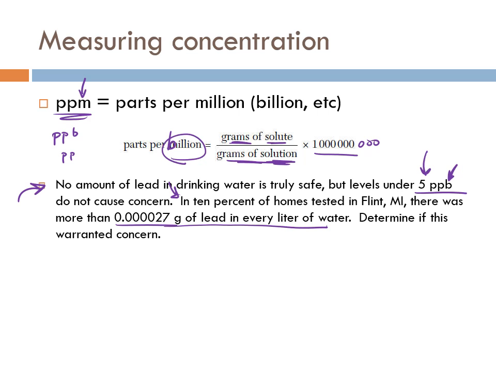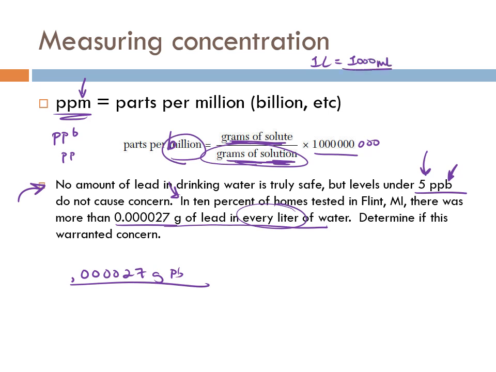So we're going to start with our grams of solute, 0.000027 grams of lead. I'm going to divide it by my grams of solution. So I have a liter of water. 1 liter is 1,000 milliliters, and water has a density of 1 gram per 1 milliliter.